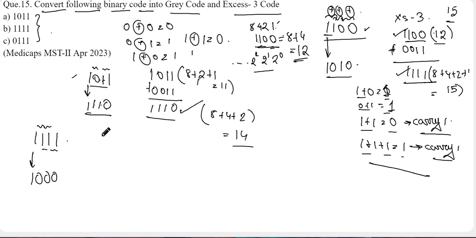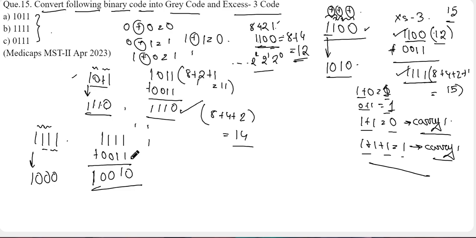And now for the XS3 code, we will just add 3 to it, 0011. So 1 plus 1 will be equal to 0 with a carry of 1, 1 plus 1 plus 1 will be equal to 1 with a carry of 1, 1 plus 1 will be equal to 0 with a carry of 1, 1 plus 1 equal to 0 with a carry of 1, and we will write the carry here just like this. Okay, so this is our equivalent number.